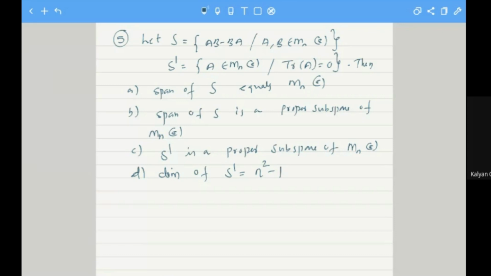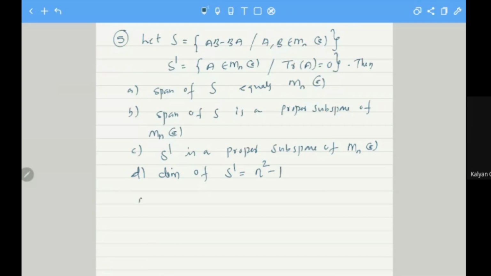The first option is the span of S equals M_n(C), whether the span of S will be the full M_n(C) or not. Second option is span of S is a proper subspace of M_n(C); it may not be the full space, so it can be a proper subspace or not. Then the third option, S prime is a proper subspace or not. Option D is dimension of S prime is n square minus 1 or not.